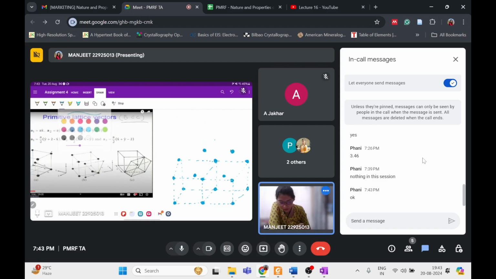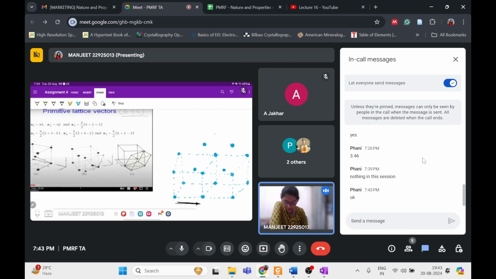Now, let's say this is my x direction. We have considered in the x, y, and this is half of the body diagonal. The perpendicular to this one is my y, and this is my z.